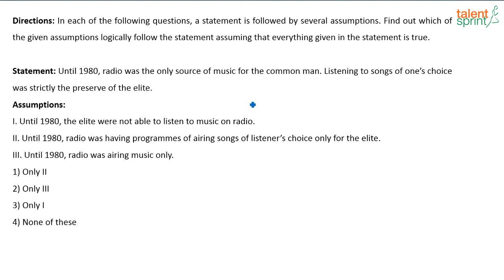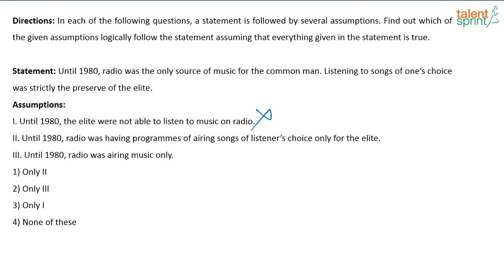Nothing like this is given in the statement, right? So that is wrong. Next, until 1980, radio was having programs of airing songs of listeners' choice only for the elite. See, in the statement it is said that only the elite could listen to the songs that they wanted to, right?